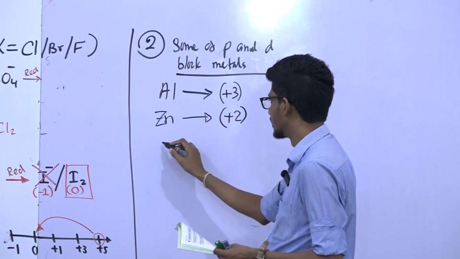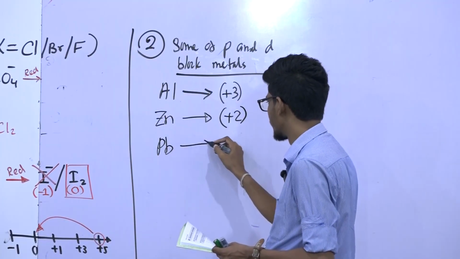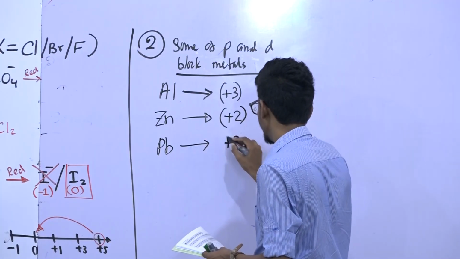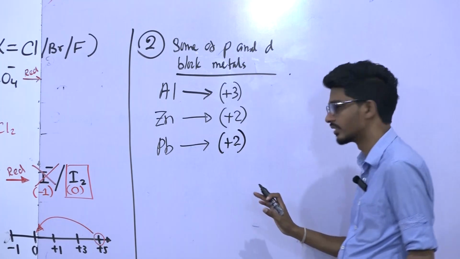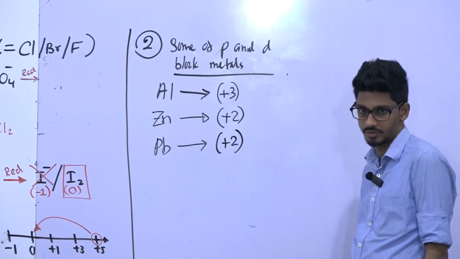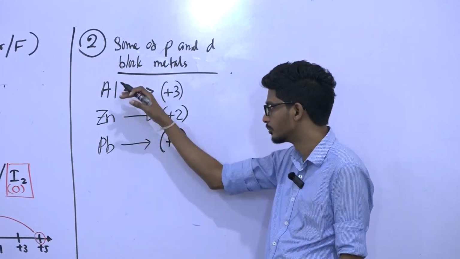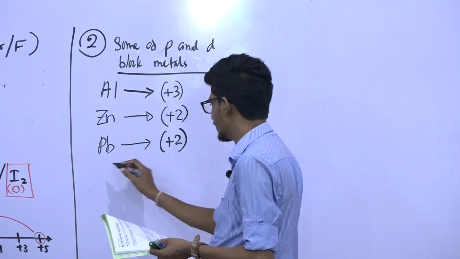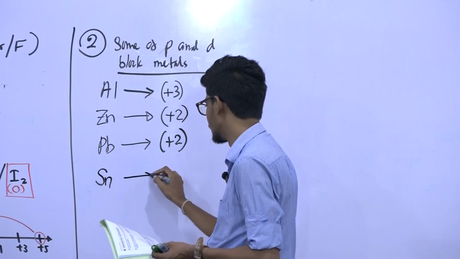With lead as a product, only +2 will come up. Lead has a +4 oxidation state as well, but it is unstable, so for lead as a product, always +2 is preferred. With these metals, there are not many variable oxidation states, so with the available oxidation states only, you have to decide the product.